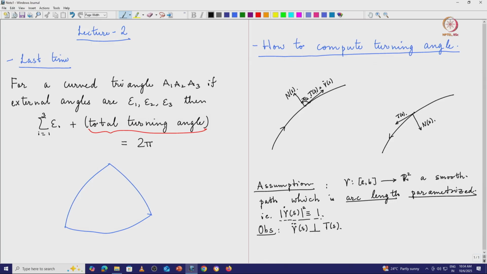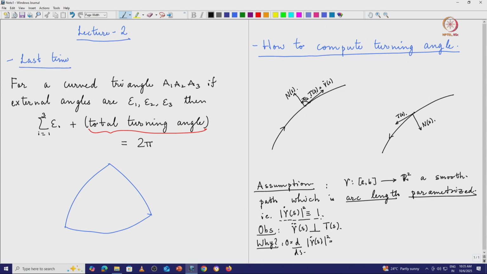Why? That's a simple calculation. The velocity vector has unit speed, so if you differentiate the norm of gamma dot of s squared with respect to s, you are going to get 0, because that's a constant, that's 1.